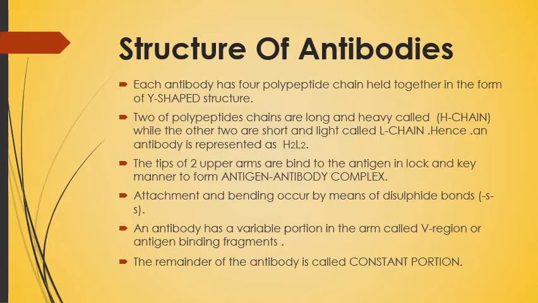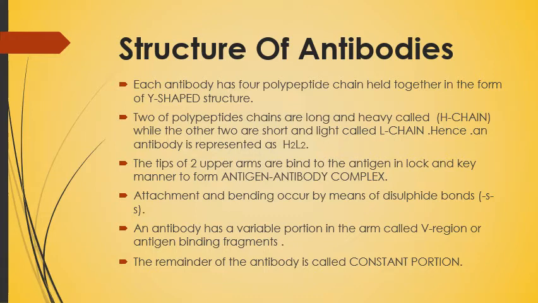Structure of antibodies. Each antibody has 4 polypeptide chains held together in the form of a Y-shaped structure. 2 of the polypeptide chains are long and heavy, called H chains, while the other 2 are short and light and called L chains.